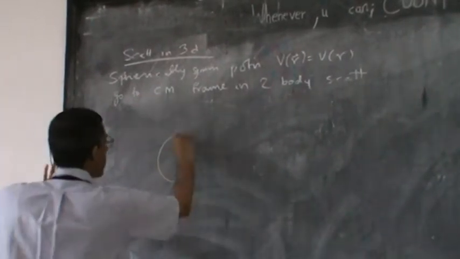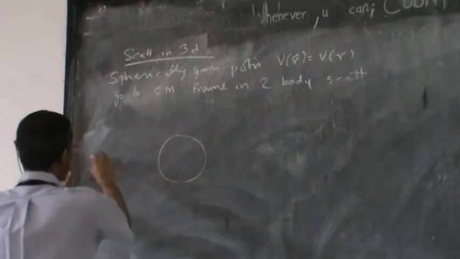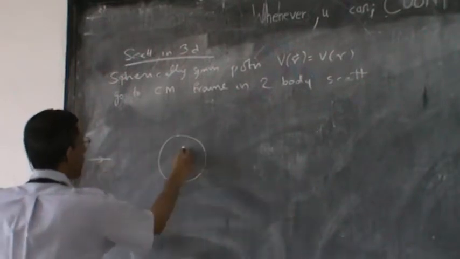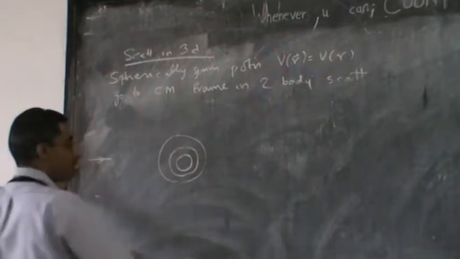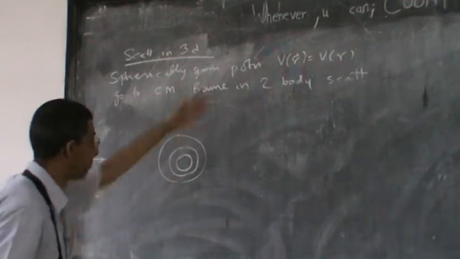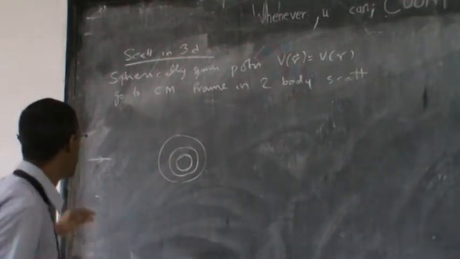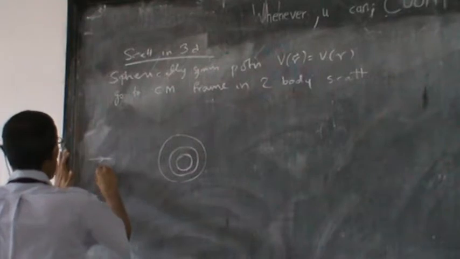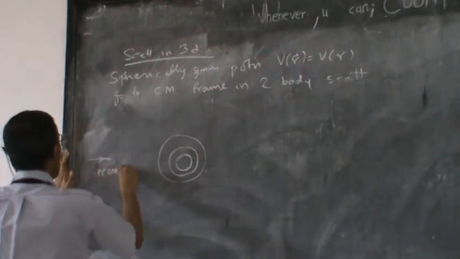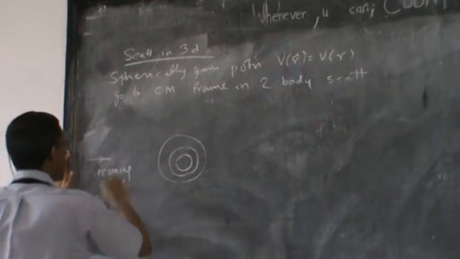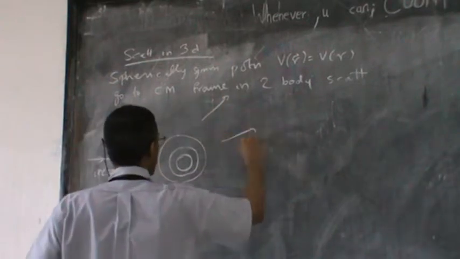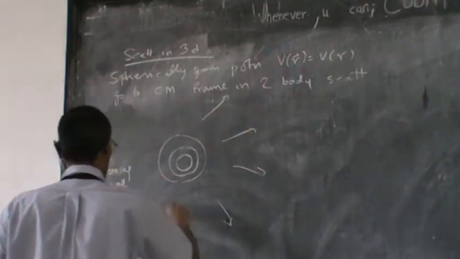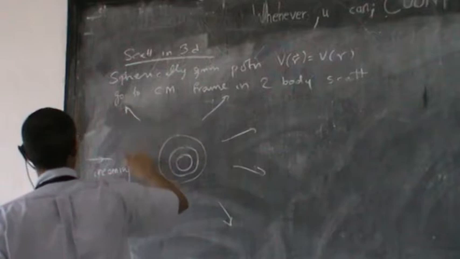So this is our potential, and you could have particles coming from somewhere, in many places also. So this is the incoming wave, and then you expect an outgoing wave that could go in several directions.